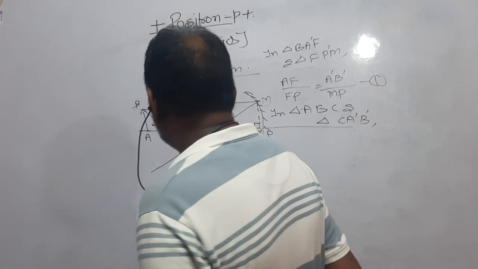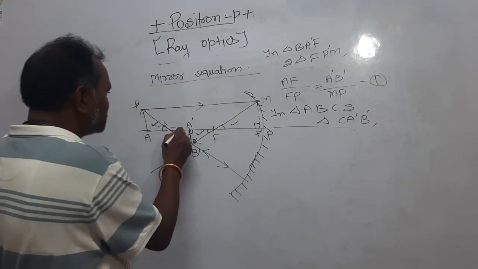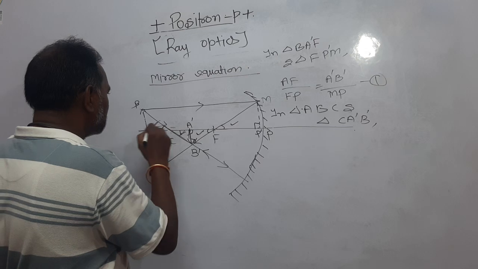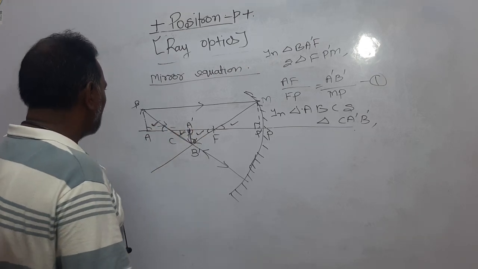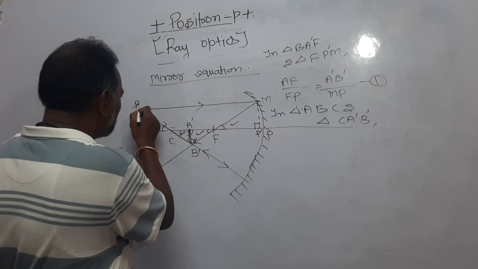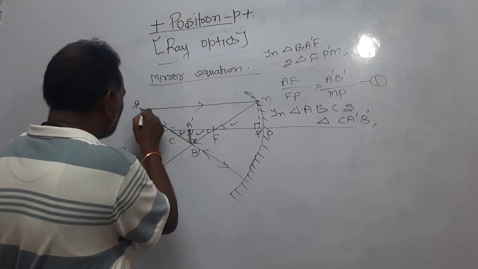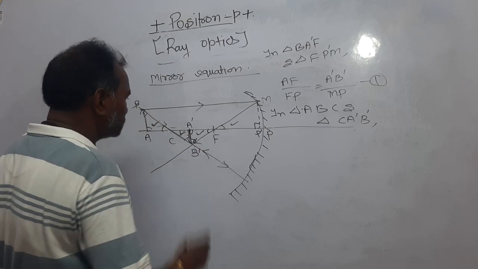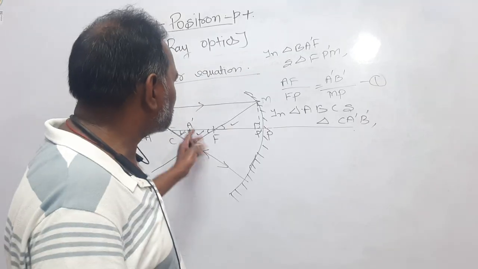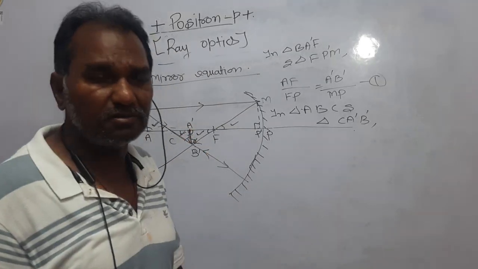Now, dear student, this angle is equal to this, undoubtedly, it's opposite. This is equal to this, right? And again, these two are parallel, and so for this ray, this angle is equal to this. So again, these two triangles are similar. The same concept you can apply here too.